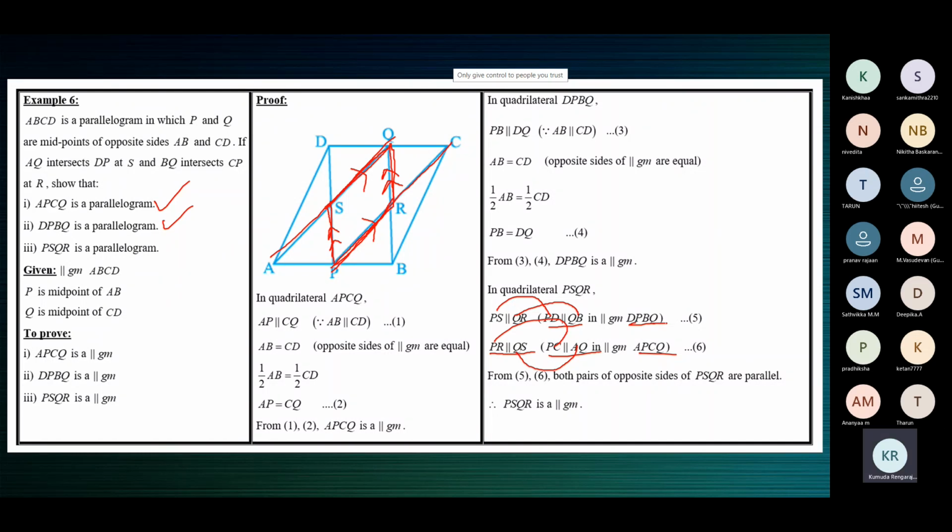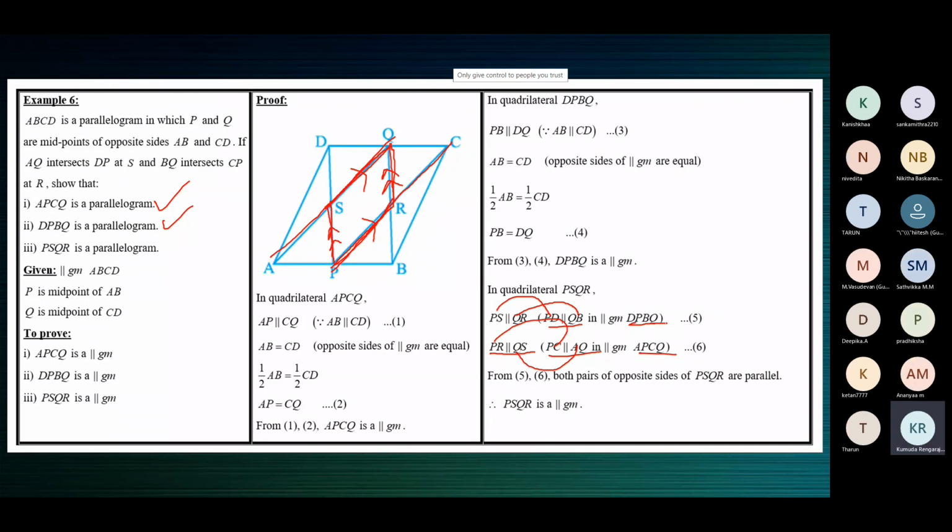So to prove that PSQR is a parallelogram, we take the help of the results we got in 1 and 2.